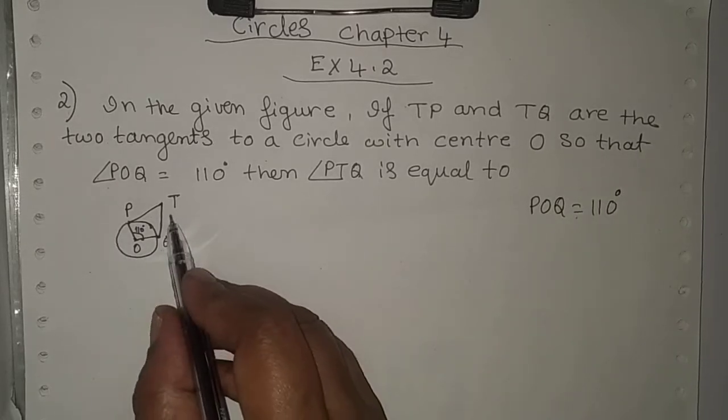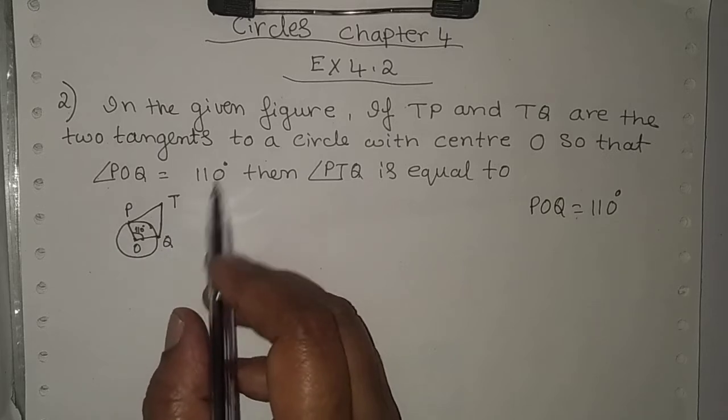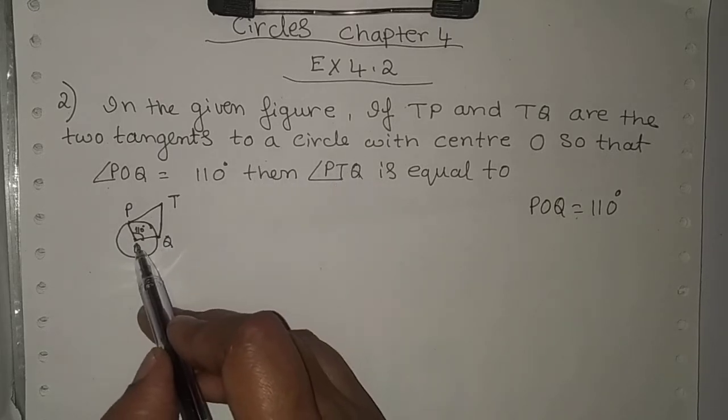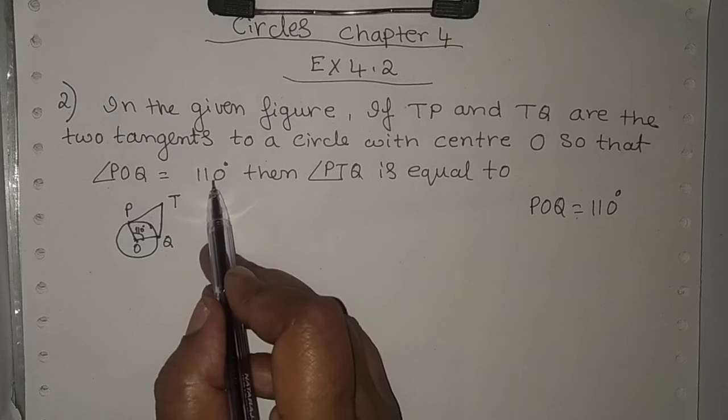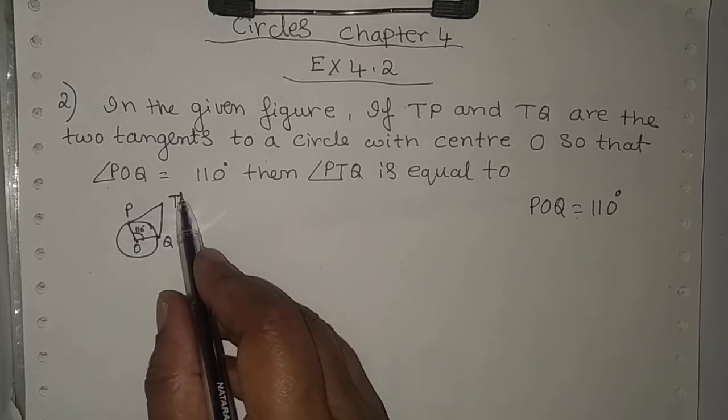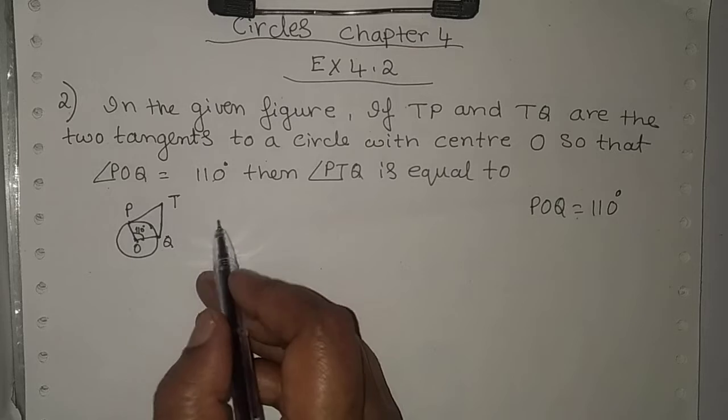PT and QT are the tangents to the circle with center O. Then we have to find out angle PTQ.